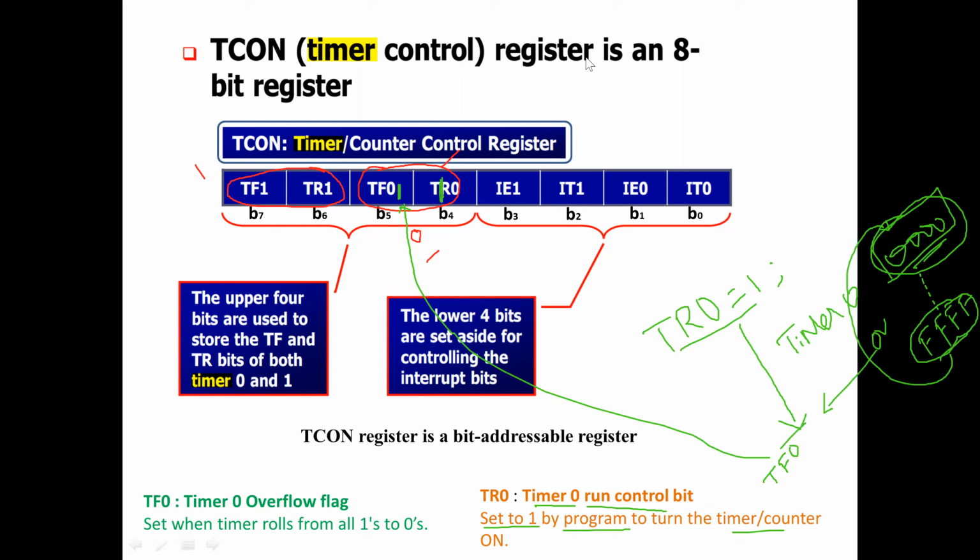Where is your delay now? This is your delay period. So what value do you put here? If you put some maximum value, the delay will be very small. If you put a very low value, the delay will be maximum. Depending on this value, we will calculate the delay, how many seconds we obtain. Where do we place this value?